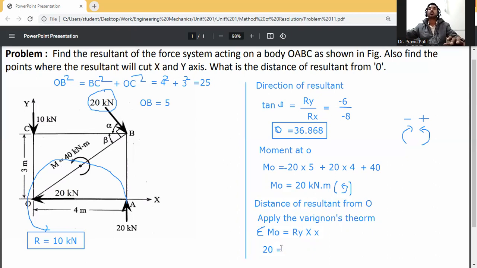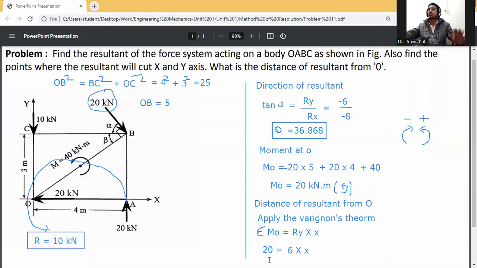So 20 is equal to Ry, which we calculated as 6 kilonewton, into X. We get the X value from this relation.